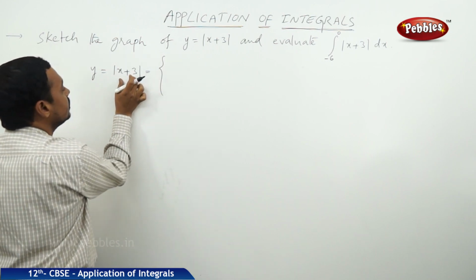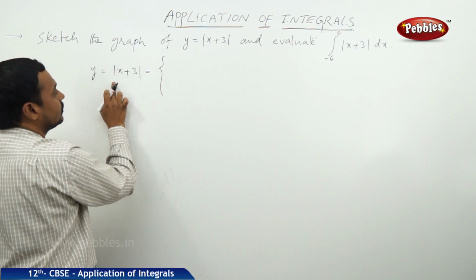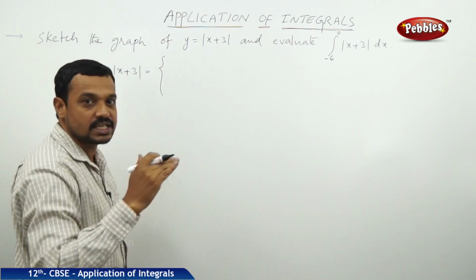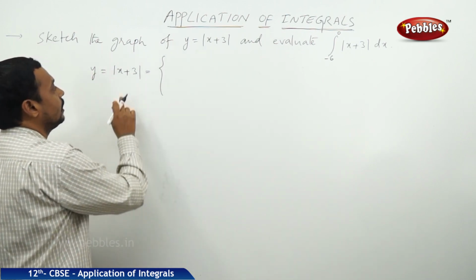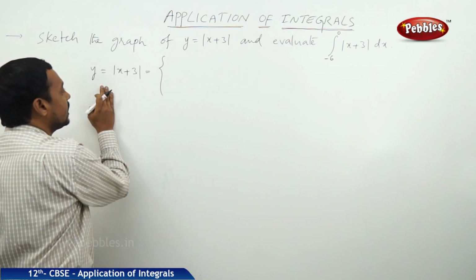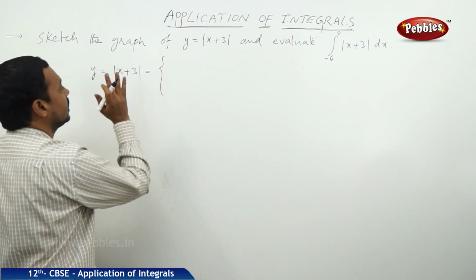When x value is equal to minus 3, then definitely this value y is equal to 0. That means the curve cuts the x axis at minus 3 comma 0. That is the first point. And next one is when x value is less than minus 3, what is the curve? And when x value is more than minus 3, then what is that curve?